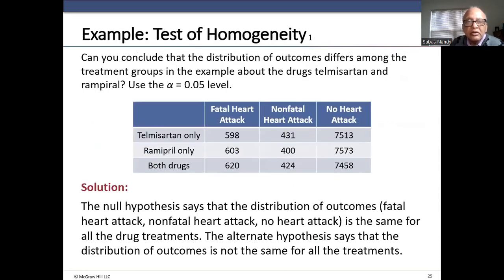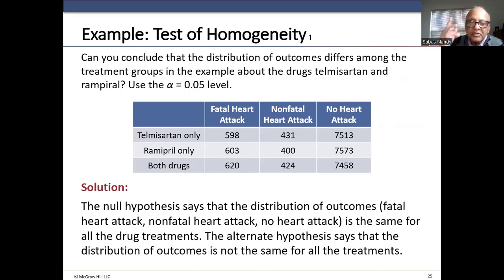Can you conclude that the distribution of outcome differs among the treatment groups? So there are three treatment groups, T only, R only, and both drugs. In the example with the drugs, the T drug and R drug. Okay, so the null hypothesis says that the distribution of outcomes, the result, which is fatal heart attack, non-fatal heart attack, and no heart attack, is the same for all drug treatments.